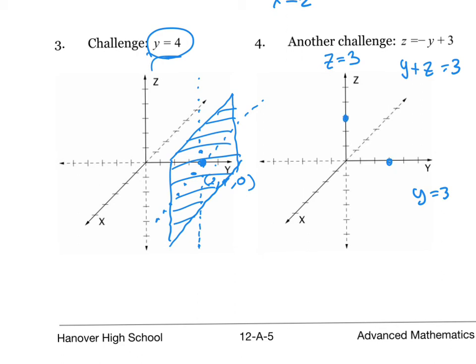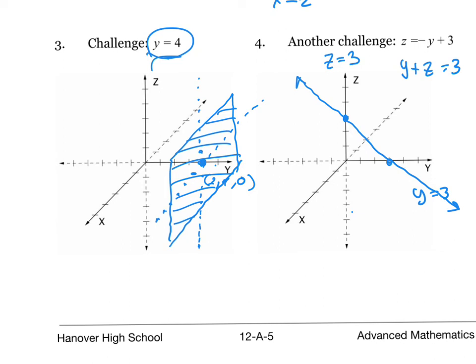Now, if we wanted to, we could draw a line passing through those two points that would satisfy this equation. And because the x isn't in this equation, it means that as long as this relationship is true, the x can be anything at all.